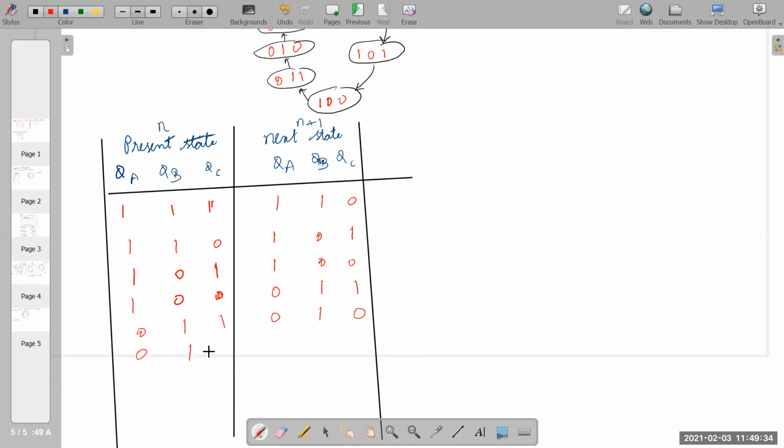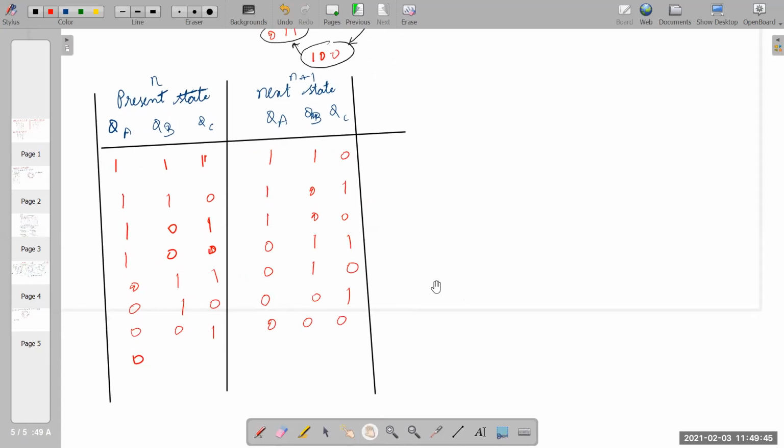If the present state is 2, the next state is 1. If the present state is 1, the next state is 0. If the present state is 0, the next state is 7. Is the table okay for you? Yes, sir. Okay, nice.